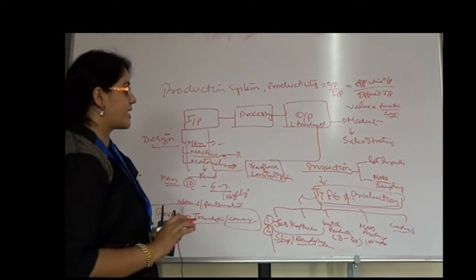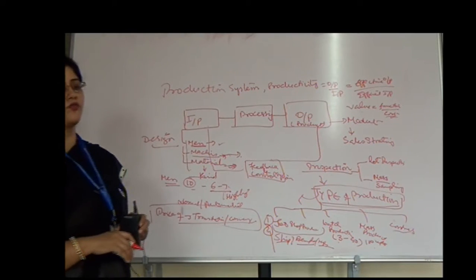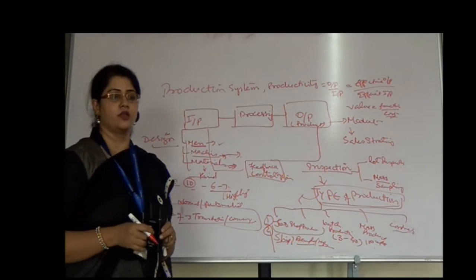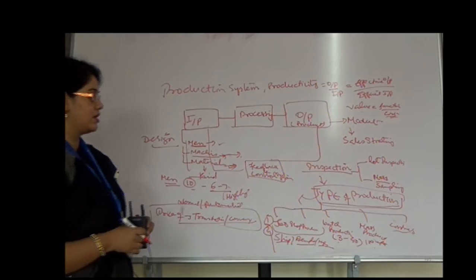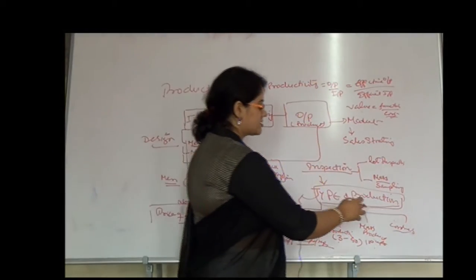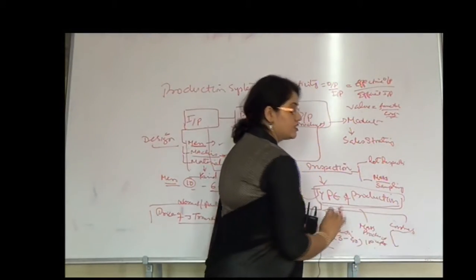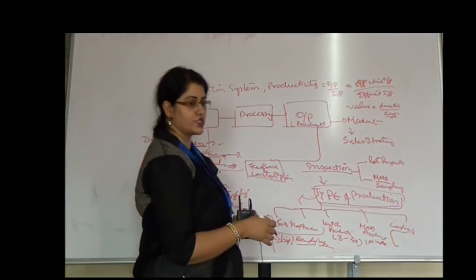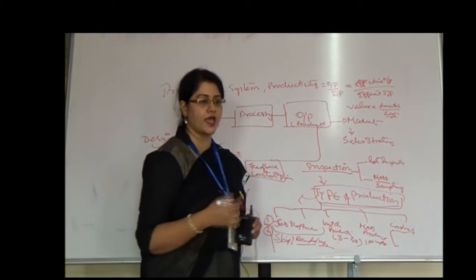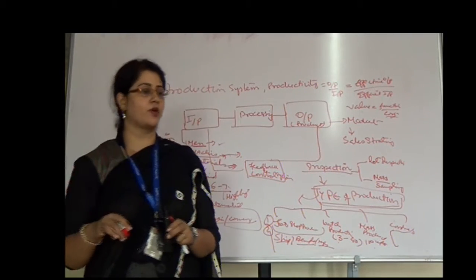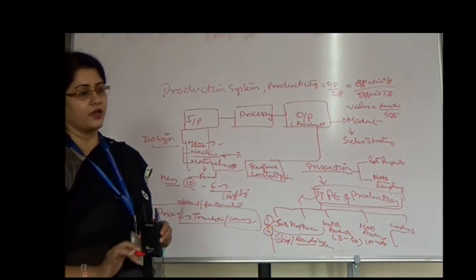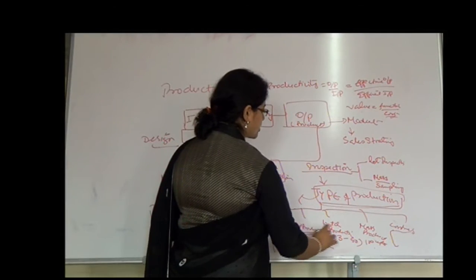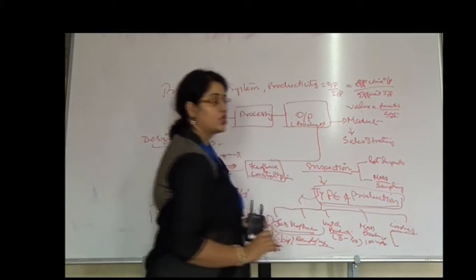Like oil: you go to the petrol pump, anytime you will find oil. Or the medicine industry, you will always find medicines. It's not that there is no demand for medicine, so they stop. Or the food industry, food you require, the basic rice, the basic dal, all that comes under continuous production.